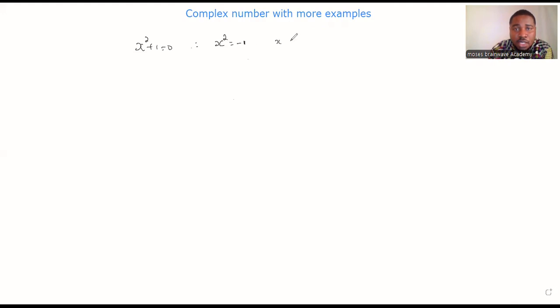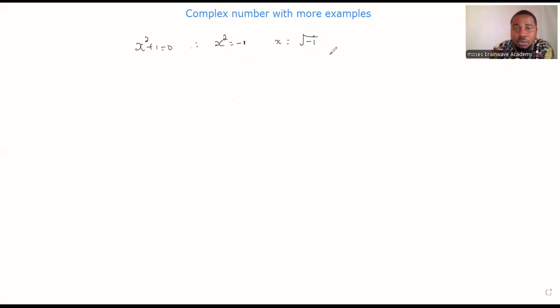So you end up trying to take the square root of -1. That's what we're going to be discussing today, how we can express the complex number in terms of the real numbers.